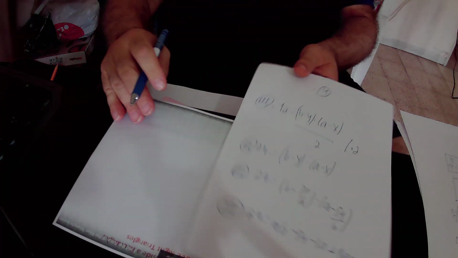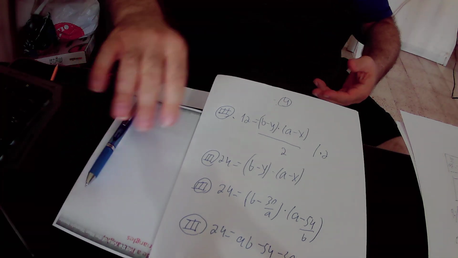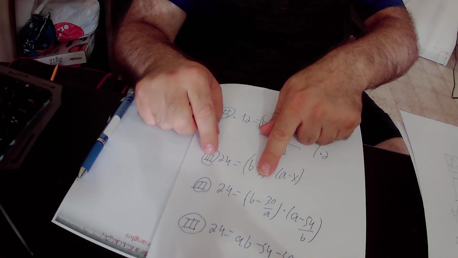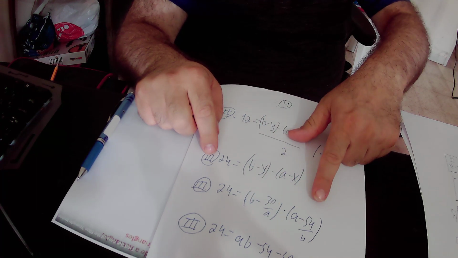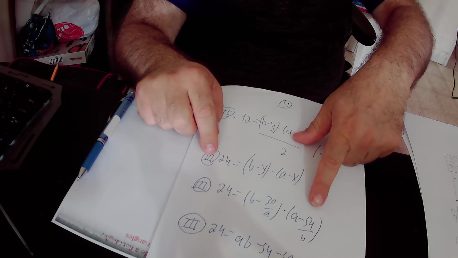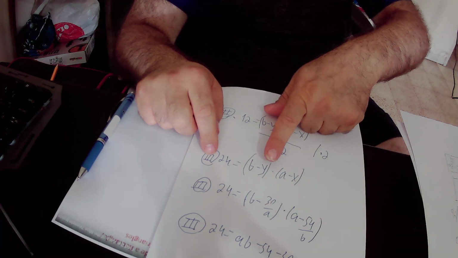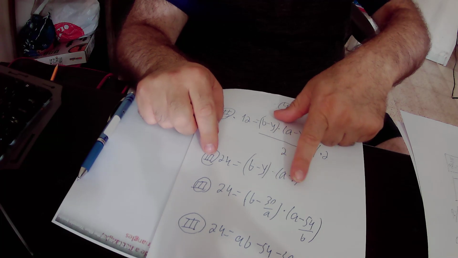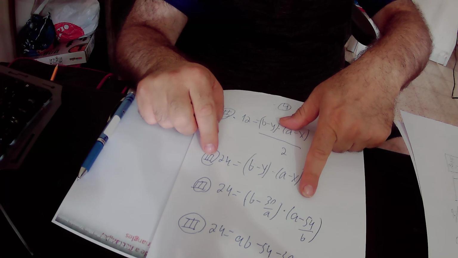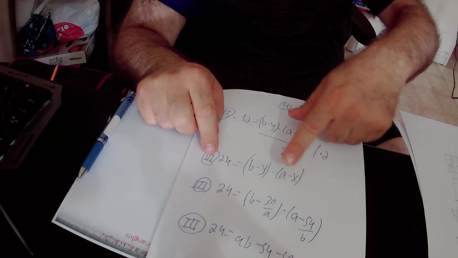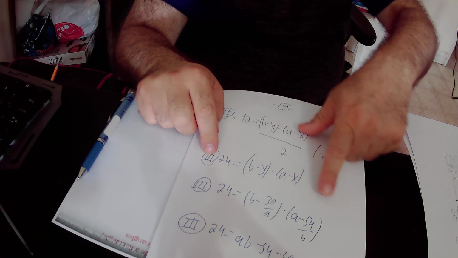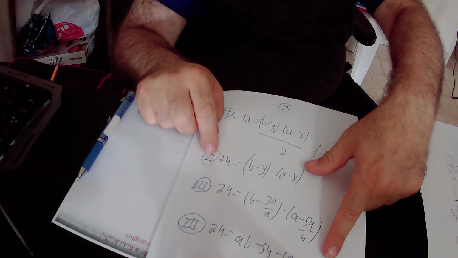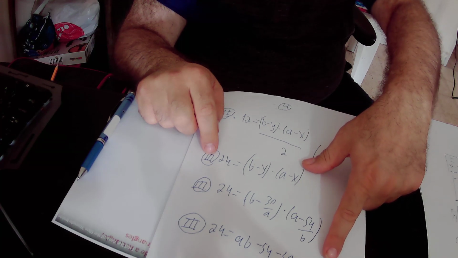Okay, so we actually opened the brackets. b times a is ab, b times minus 54 over b will be minus 54. Minus 30 over a times a will be minus 30, and minus 30 over a times minus 54 over b will be 1620 over ab.